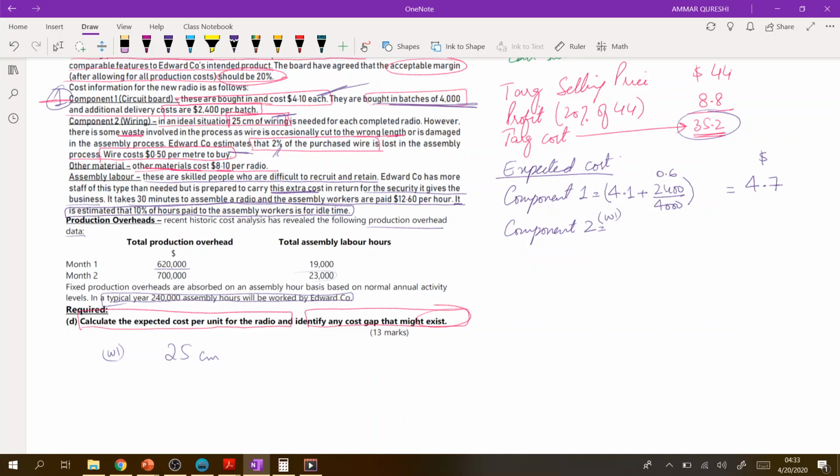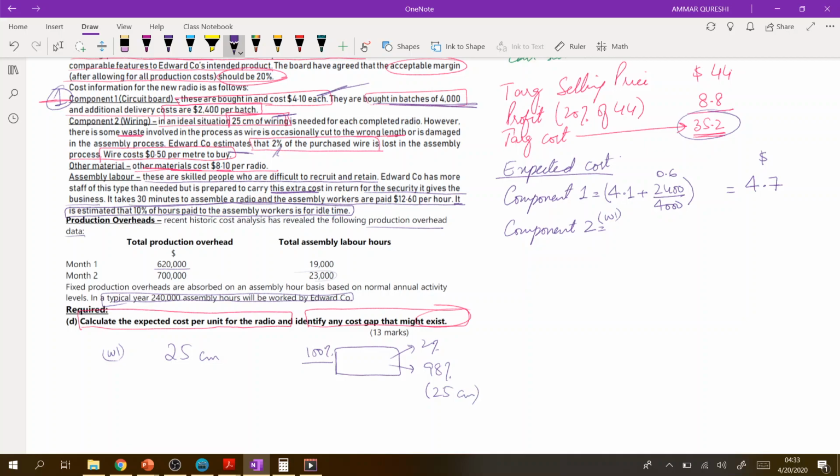This is a gross up kind of concept. For example, if you input 100% of material, 2% will get lost and you will get 98% as an output. And 98% is representing 25 centimeters, right?